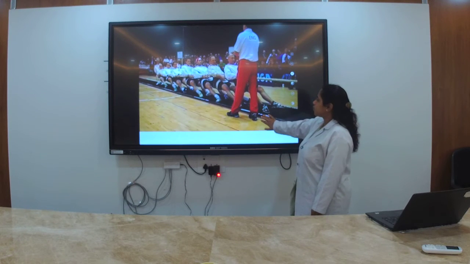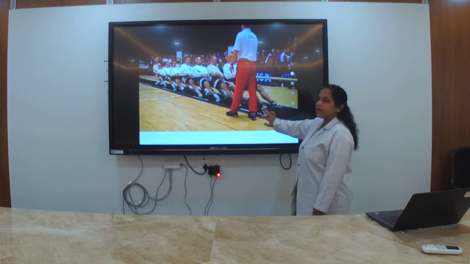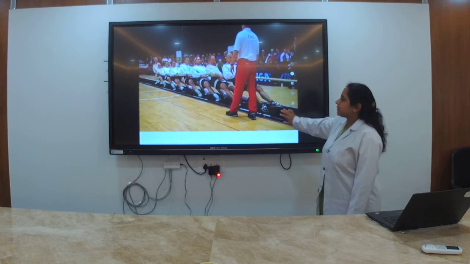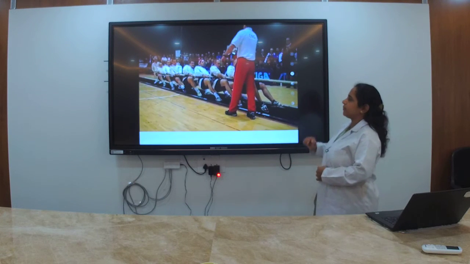All players are pushing forces on the ground. This is called Newton's third law, that is, for every action there is an equal and opposite reaction.